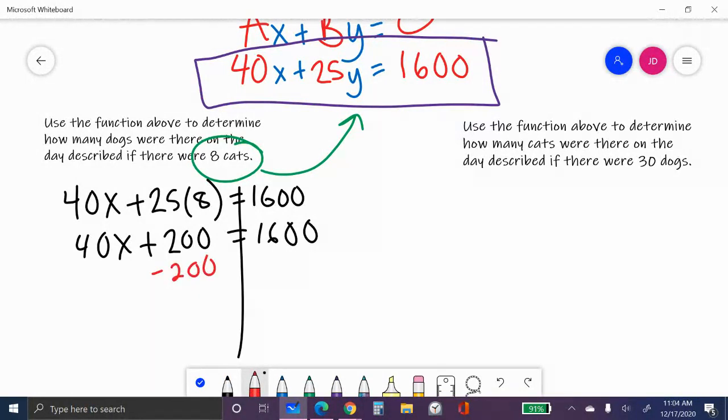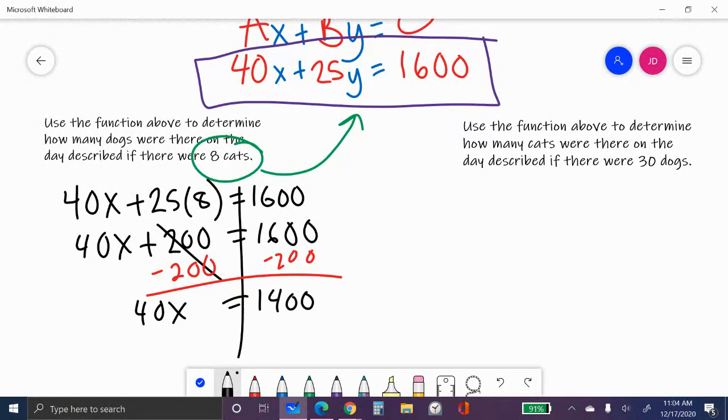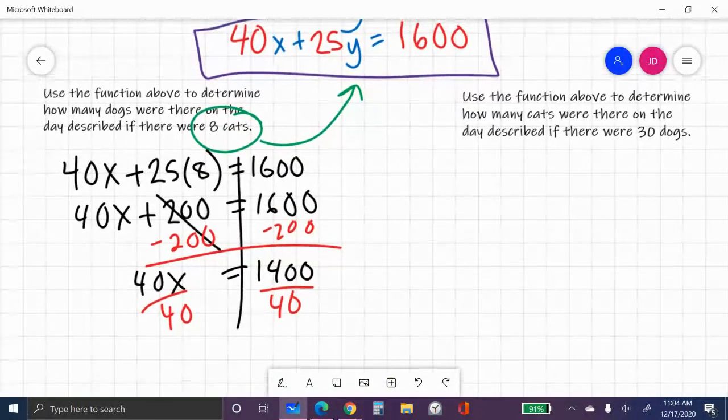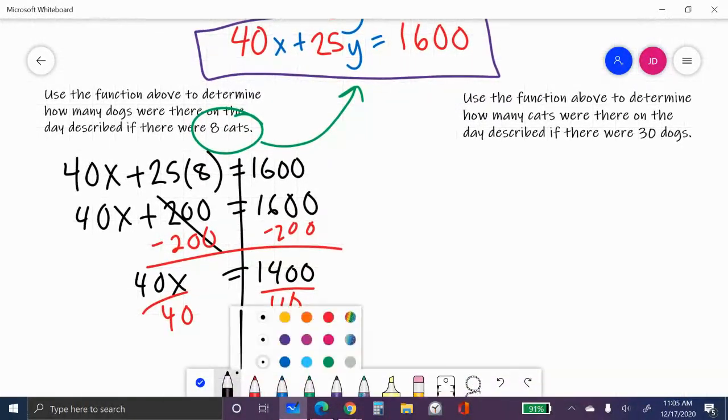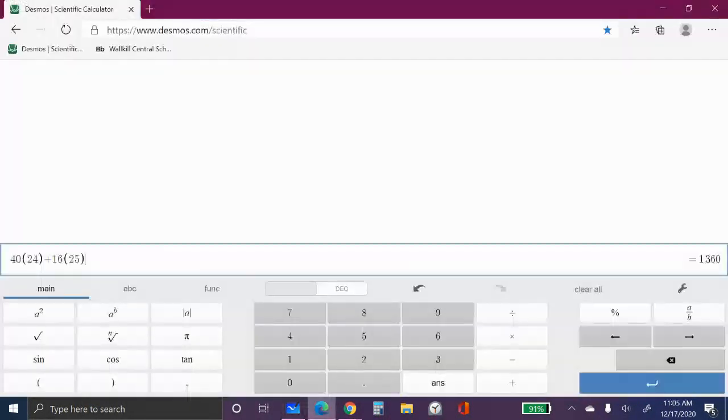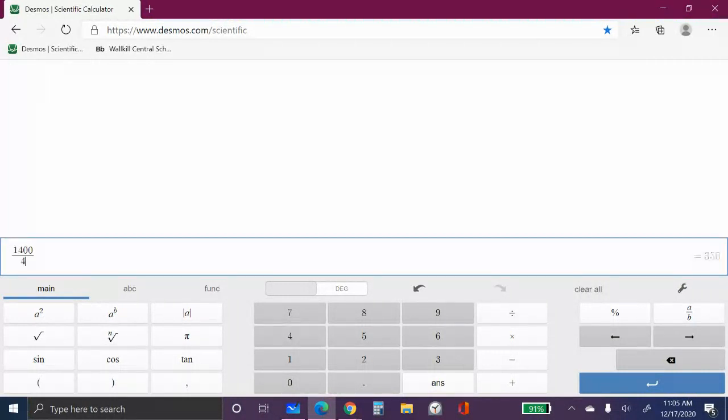Subtract 200 from both sides. And I get 40x, those eliminate, equals 1,400. Divide both sides by 40. And let me use my calculator. 1,400 divided by 40 is 35.